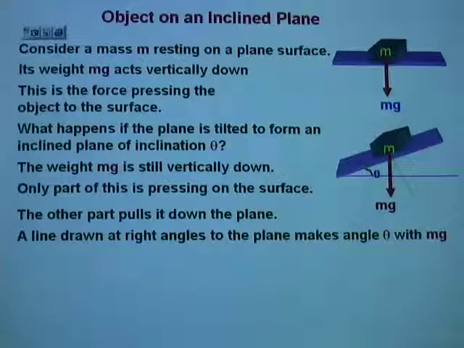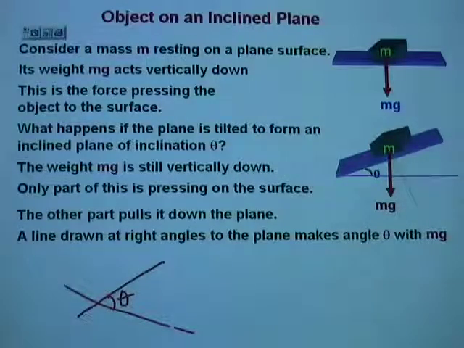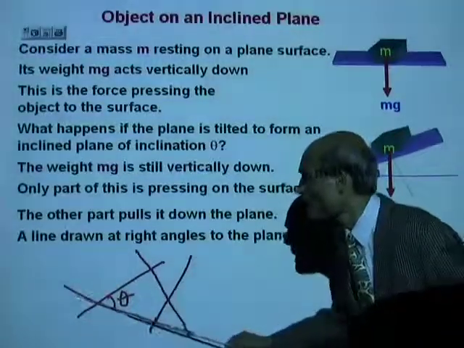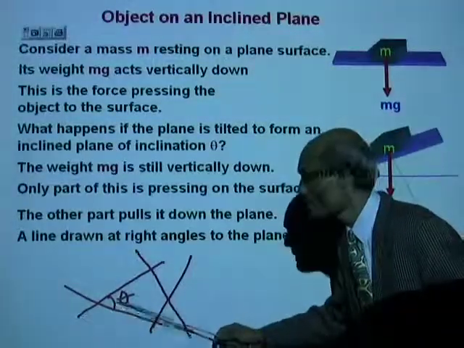There is a result in geometry that says if you have two lines that make an angle theta, now draw a line perpendicular to the first line, and draw another line perpendicular to the second line. So you notice that these are the two initial lines making an angle theta.